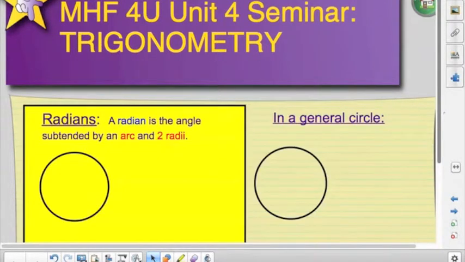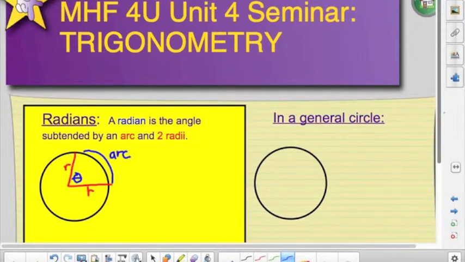Now, to actually talk about specifically what a radian is, you need this definition. A radian is the angle subtended by an arc and 2 radii. What that means is, if I have from the origin this radius and this radius, and I have a certain measure theta, this is my arc length.